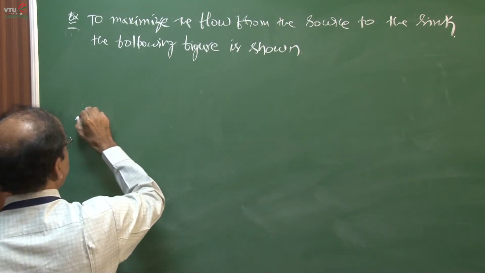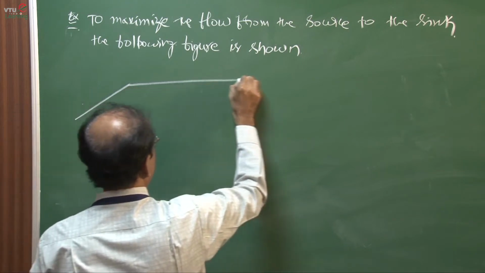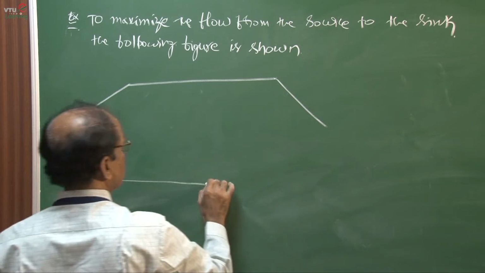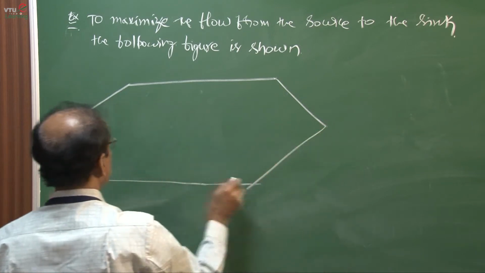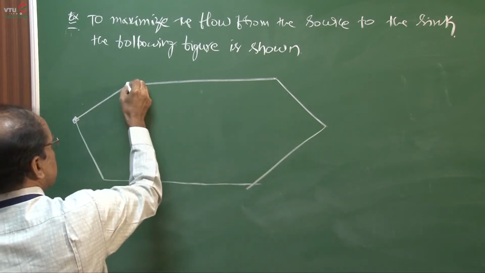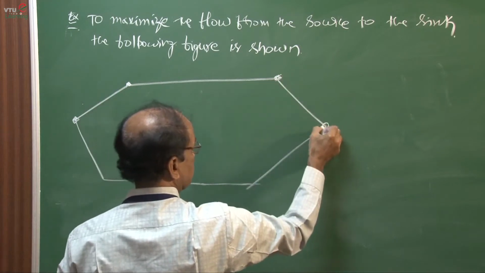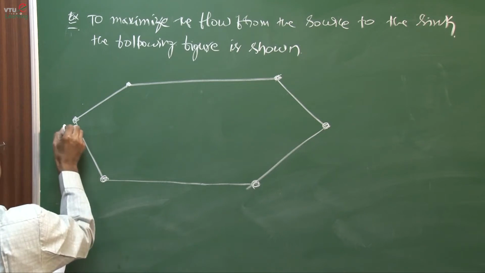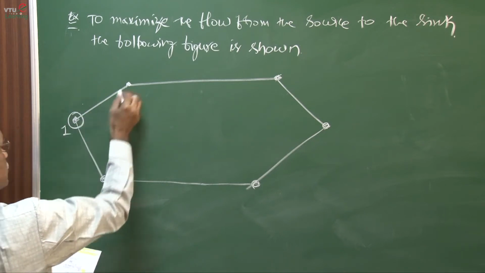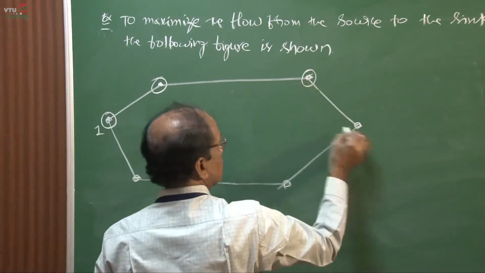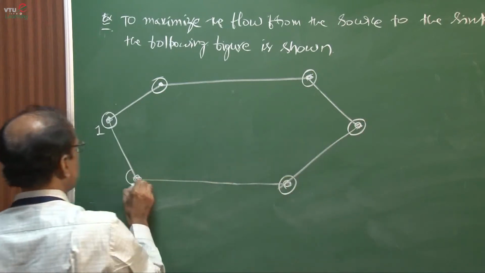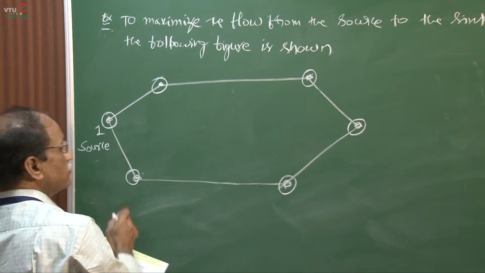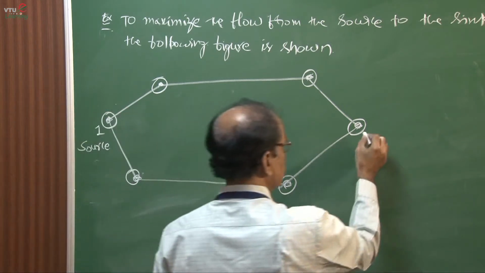Now, this is one point, this is another point, this is another point, this is another point, this is another point. Okay, I will call this point 1 as the source. Then the flow starts from the source and this is the sink.